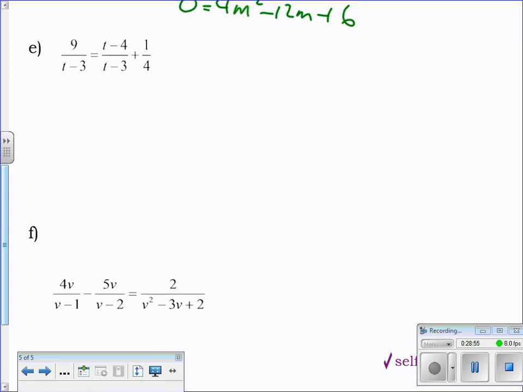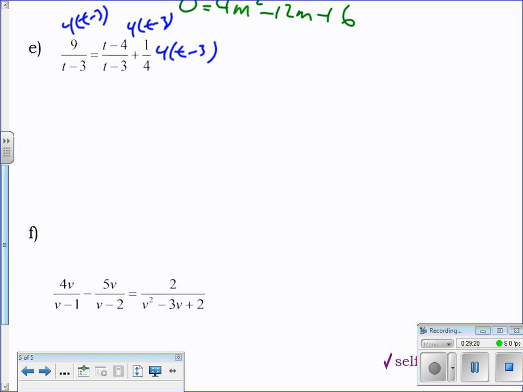What's my common denominator? T minus 3 times 4. So I multiply everything times 4 times t minus 3. Everything gets multiplied by 4 times t minus 3.